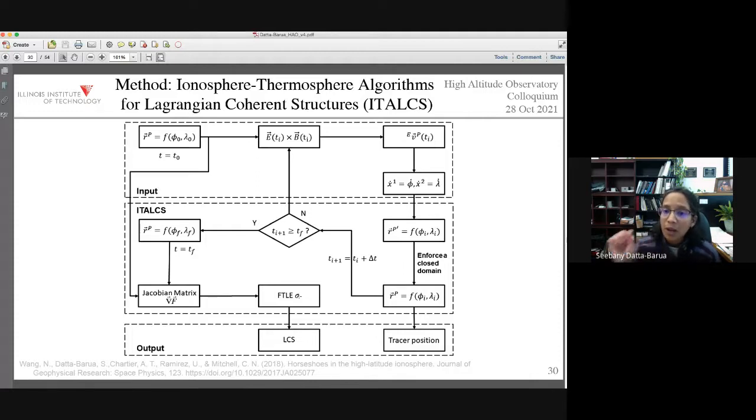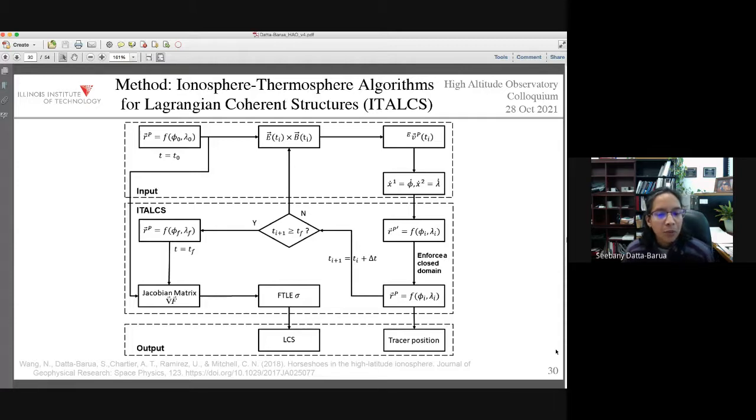We can do this for every point on that spherical surface, and when we map that, that will give us the location of the LCSs. ITALICS also, if you're just trying to do diagnostics, you can put in individual tracers, those A naught, B naught, C naught, and see where those end up, and that can be provided as well.